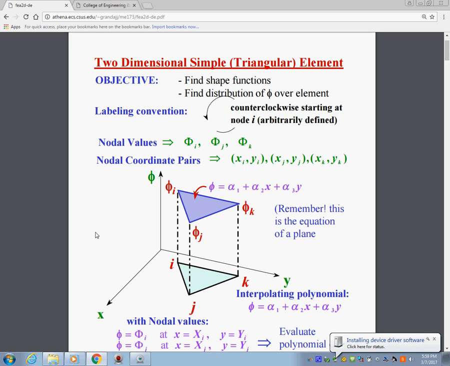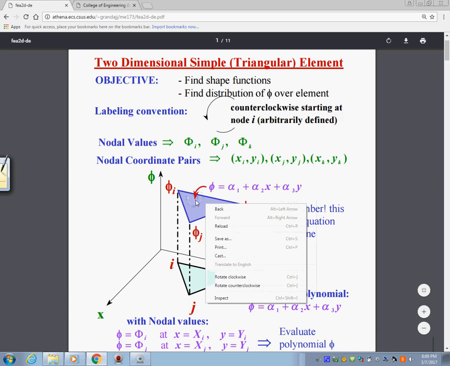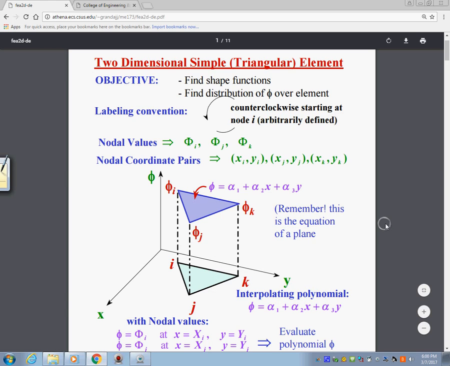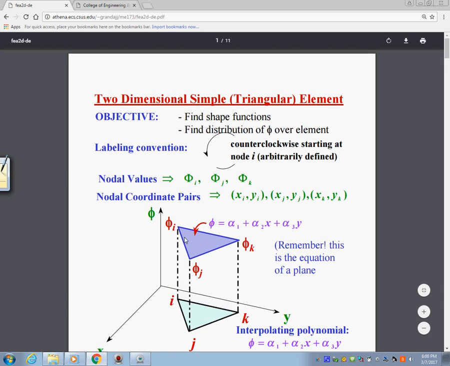So here we have a situation where you have I, J, and K counterclockwise.